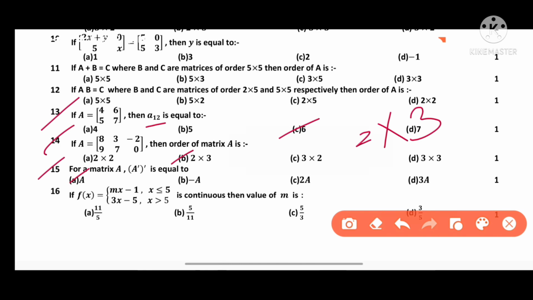Next, 16. If f(x) is equal to mx minus 1 for x less than or equal to 5, and 3x minus 1 for x greater than 5, is continuous, then value of m is.